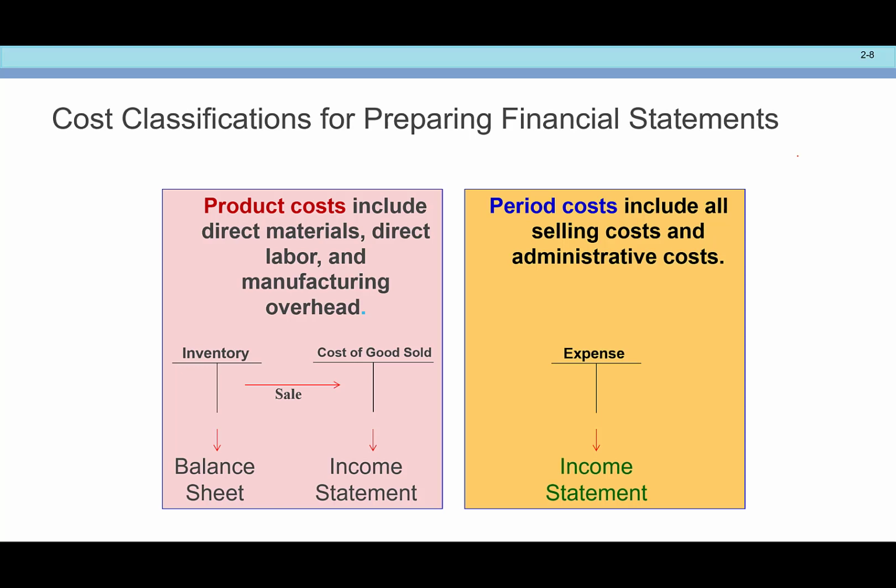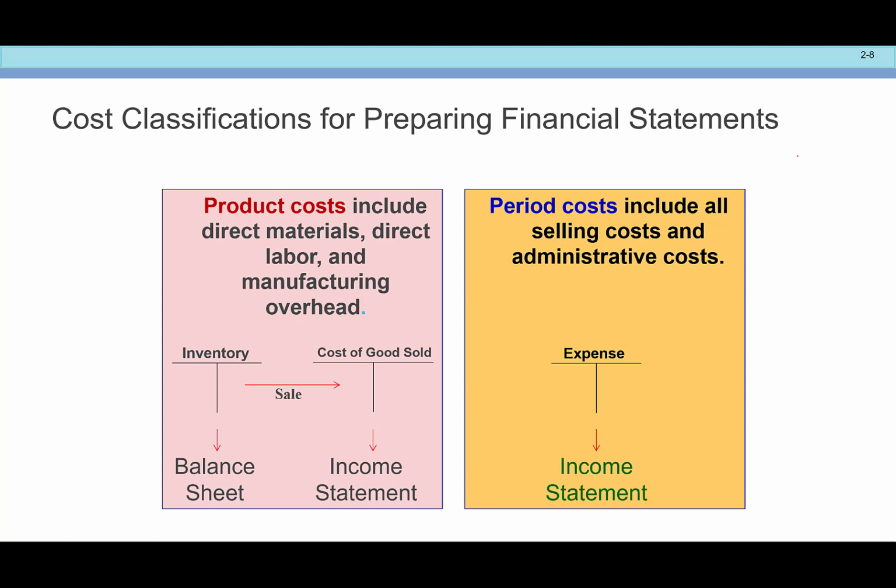Those are first going to be captured in my inventory account, and then as I actually sell the item that was produced by those costs I incurred, my direct items and my indirect items, they'll go from the balance sheet to cost of goods sold. I'll credit inventory, I'll debit cost of goods sold, right?